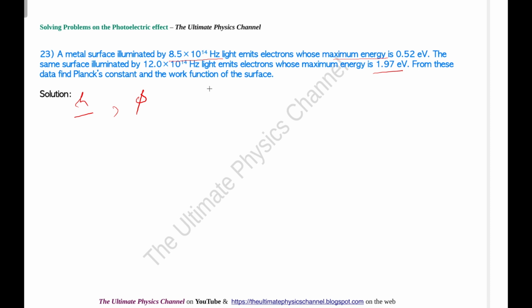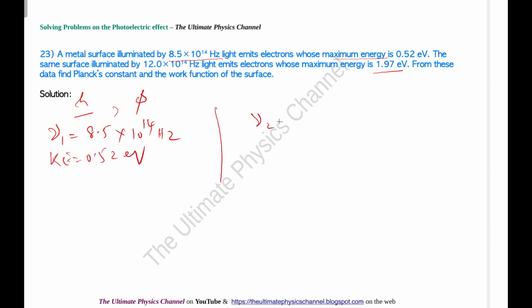So first, there are two cases, two frequencies given here. Nu 1 is 8.5 into 10 power 14 hertz, for which Ke max is given as 0.52 eV.